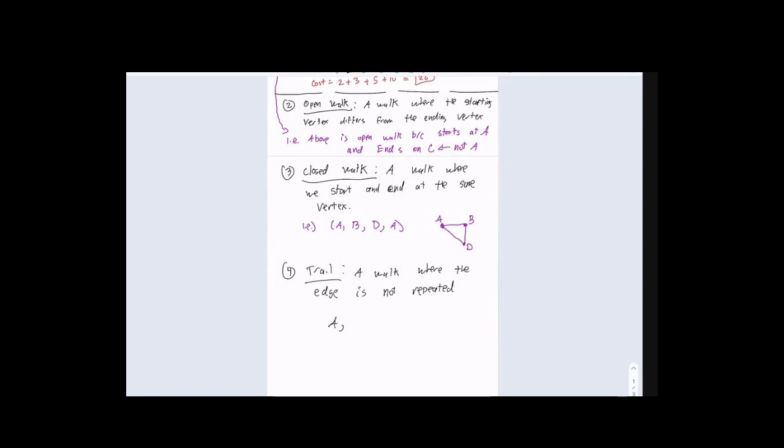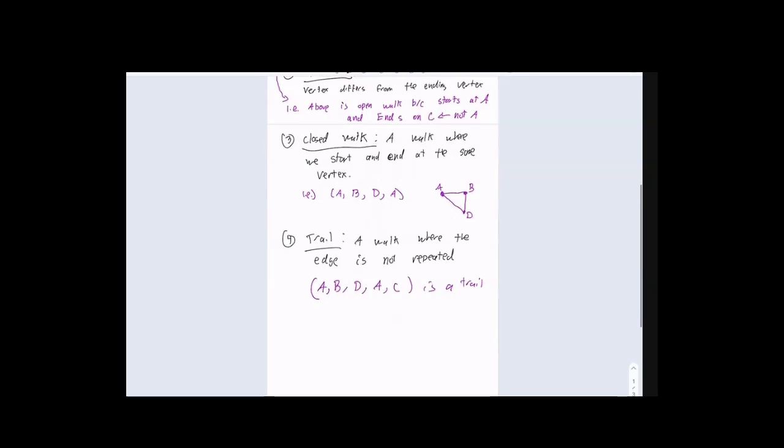So A, B, D, A, C is a trail. Although we do go back to A, my edges are AB, BD, DA, and AC.